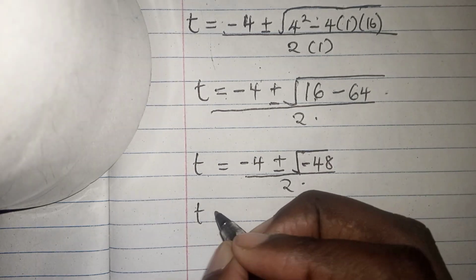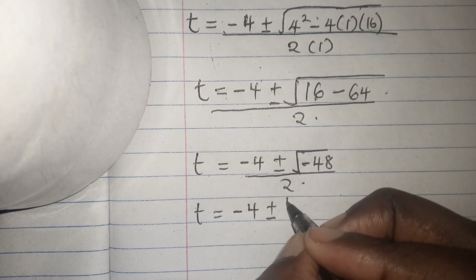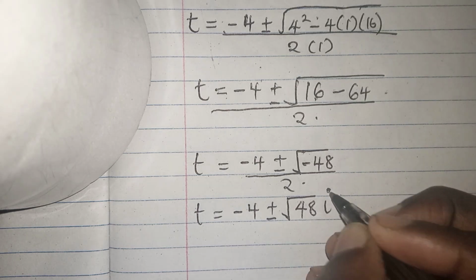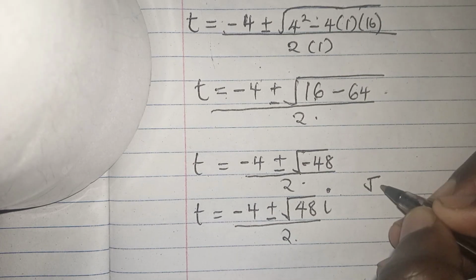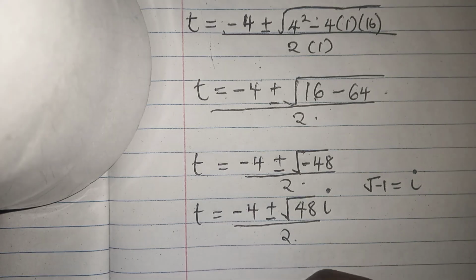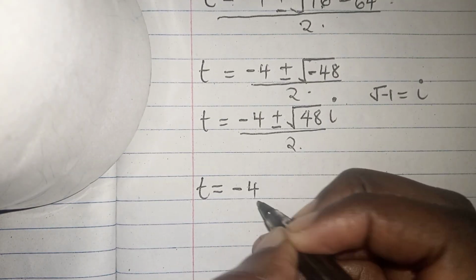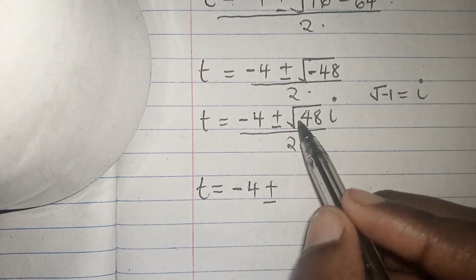Then t is equal to negative 4 plus or minus the square root of negative 48, imaginary, over 2. So this is imaginary because the square root of negative 1 is equal to i. Our next step, t is equal to negative 4 plus or minus the square root of 48.